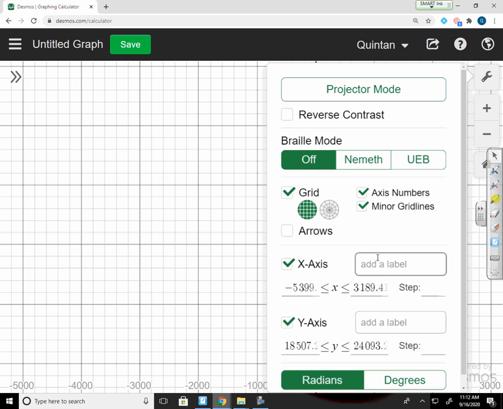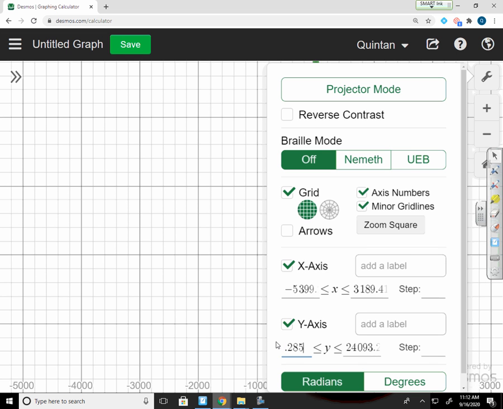If I go into my tools, it says step, so I'm clicking the wrench. The y-axis, I can make this whatever I want. Actually, I'm going to make it start at 20,000.